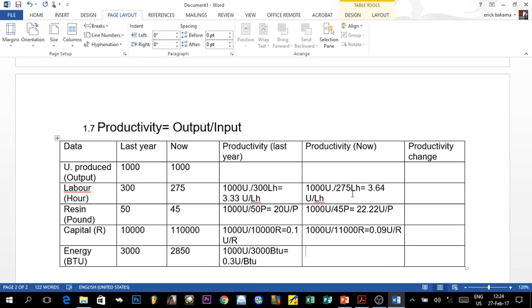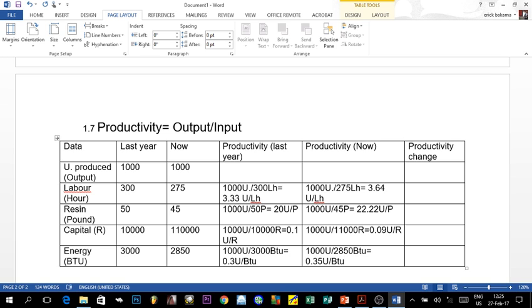And finally, when it comes to the energy, we have 1000 units that are produced again, that we're going to divide by 2850. Now this 2850 is the energy that we are using right now, in BTU, and then we have 1000 divided by 2850, and the amount that we get is 0.35 unit per BTU.